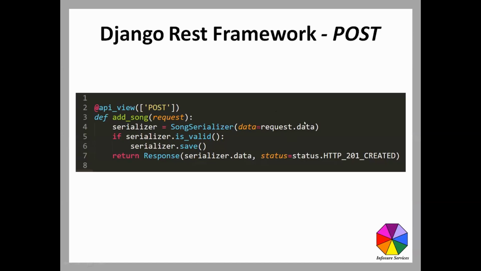Build just the serializer with the request data. Check if is valid. Then serializer.save. Much like form.isValid, form.save, the same way. Here you use the word serializer. And then the response serializer.data.